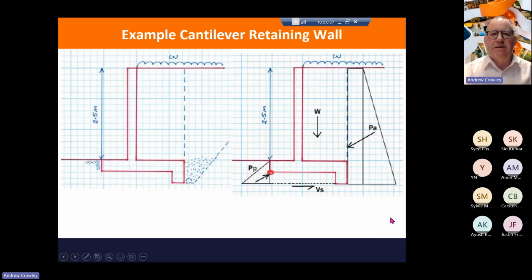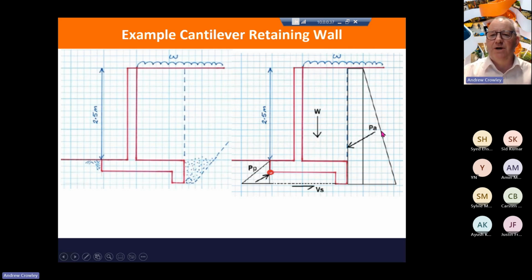And so to our example, this is example 2 in the MBIE module 6. It's a concrete cantilever retaining wall, and it's 2.5 meters high. It's got a surcharge of little w on the top, and it's got a load on the back of the wall because of the amount of earth on the back of the wall holding the retaining wall down.